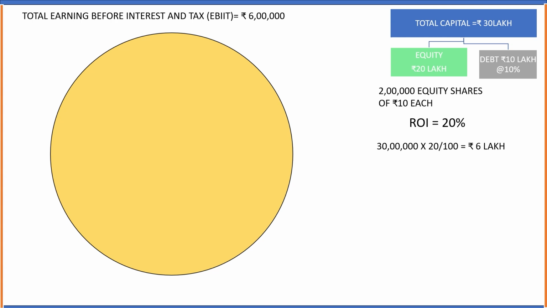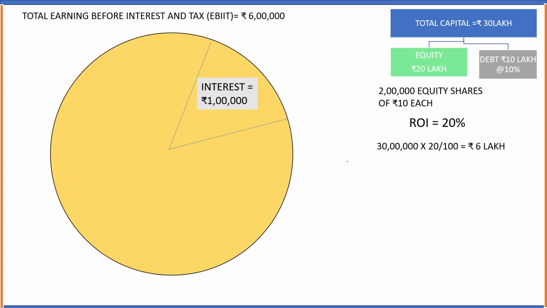Let's assume that the total earnings of the company before interest and tax is rupees 6 lakhs. So that means the circle is representing a value of rupees 6 lakhs. The first thing that the company has to pay out of its profit is interest. Now, in this case, the debt raised by the company is rupees 10 lakhs.